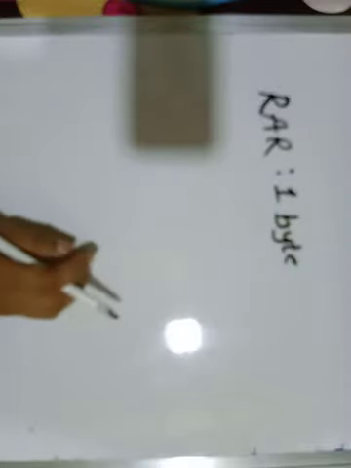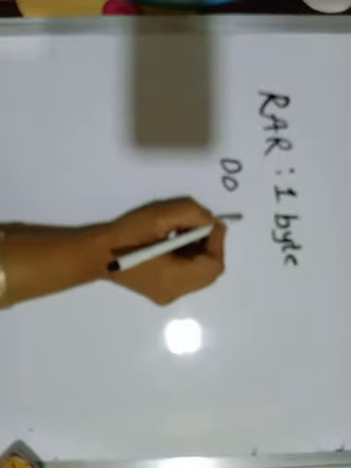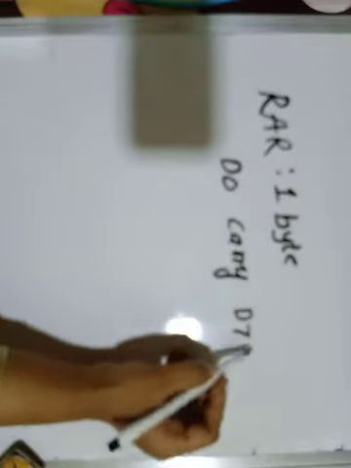It is used to rotate each bit of the accumulator to the right. So here the bit D0 goes to carry, and the carry bit goes to D7, and after D7 it goes to D6, D5, likewise.